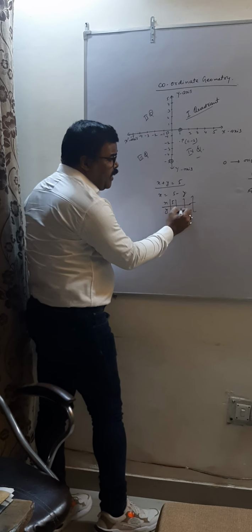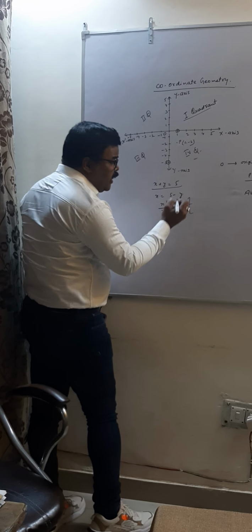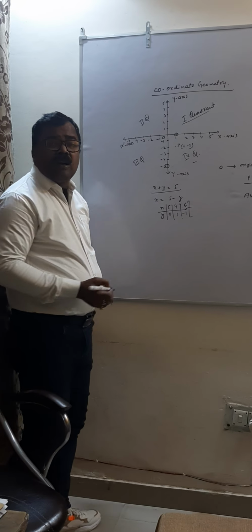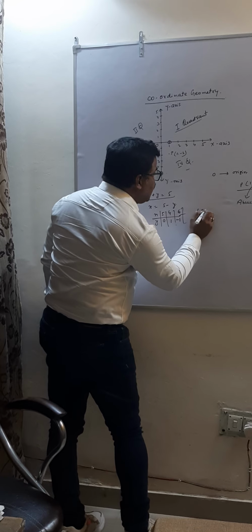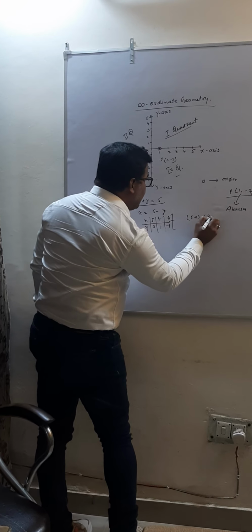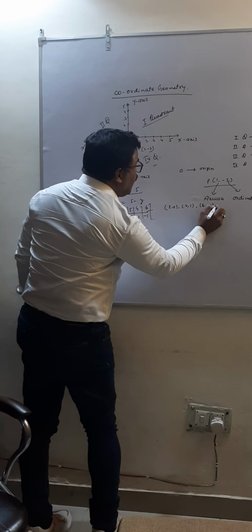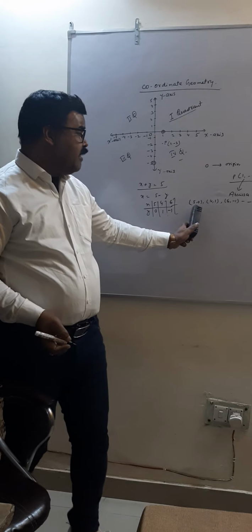If you take y as 1, the value of x becomes 4. If you take y as -1, the value of x becomes 6. The coordinates are (5, 0), (4, 1), (6, -1), and so on. Minimum 3 coordinates you must take.